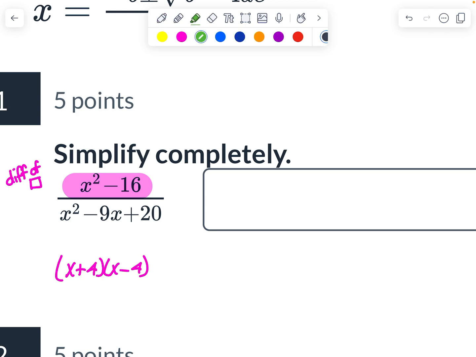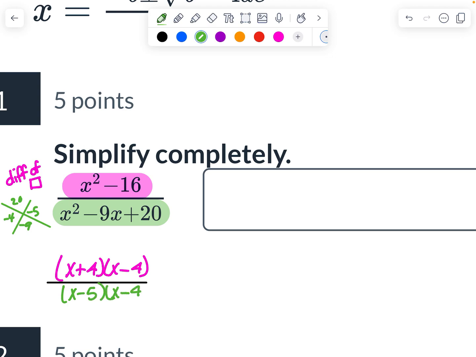Then the denominator does not have a greatest common factor either, but we are looking for factors of 20 that would add to negative 9, and they are negative 4 and negative 5. So the denominator is going to factor to x minus 4 and x minus 5.